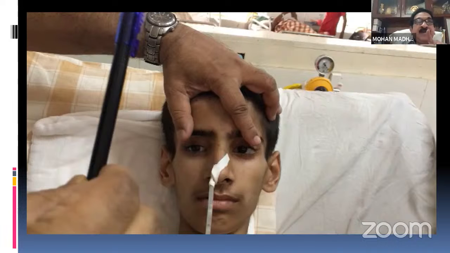But when asking the patient to look laterally, the fibers which are destined to go to the lateral rectus, that is the sixth nerve, get congenitally misdirected and go to the inferior rectus. So the inferior rectus muscle is supplied partly by fibers of the sixth nerve.